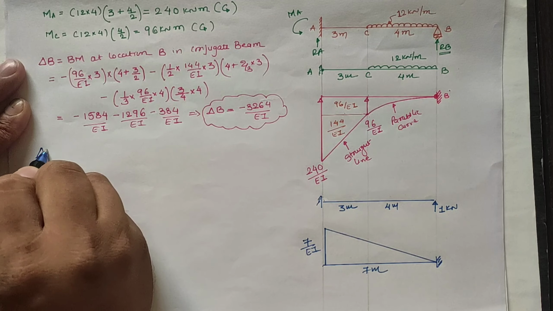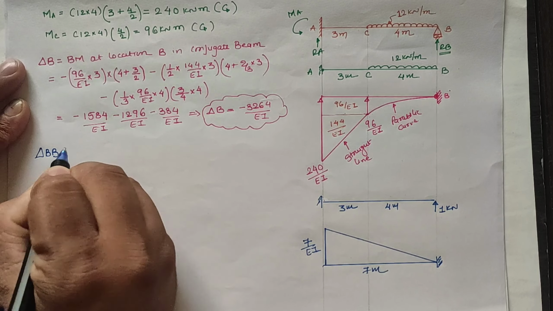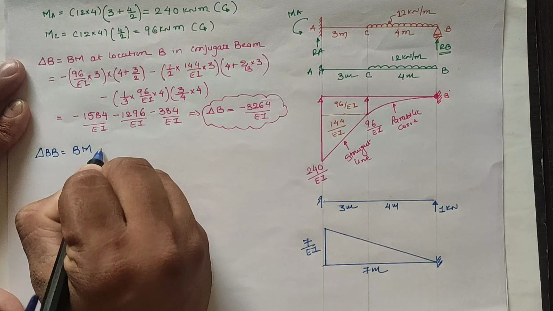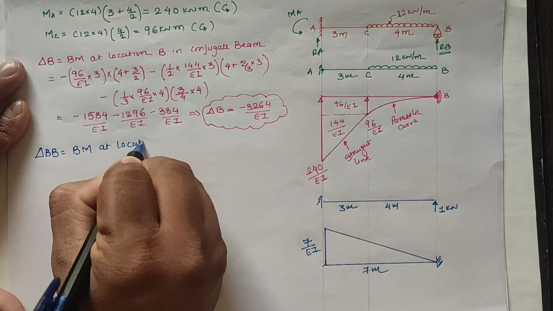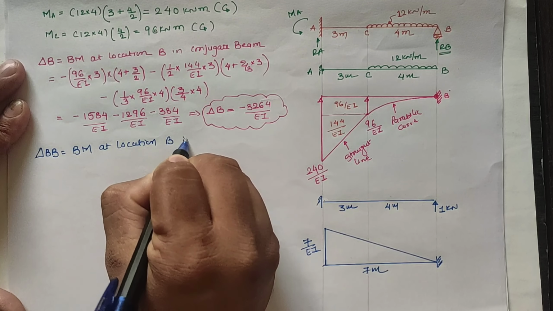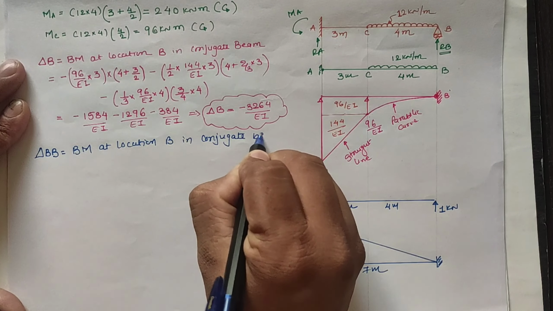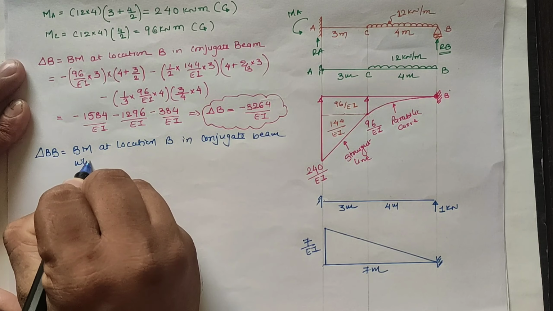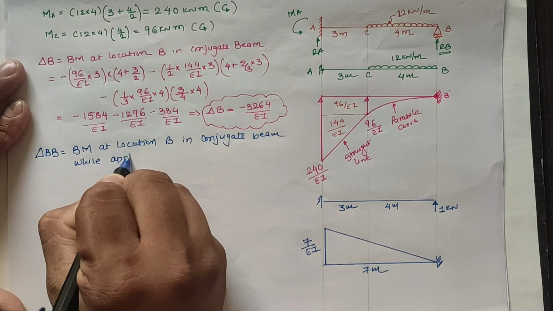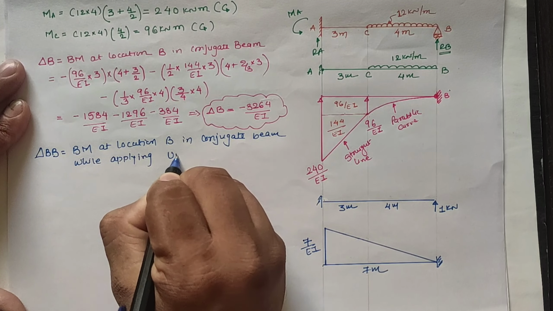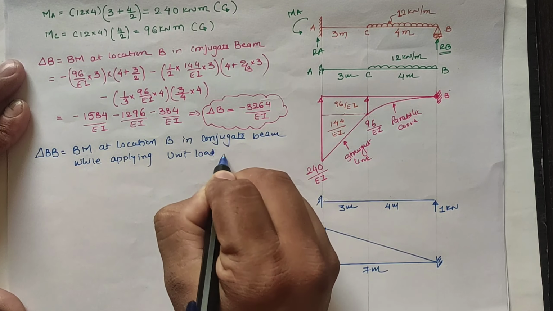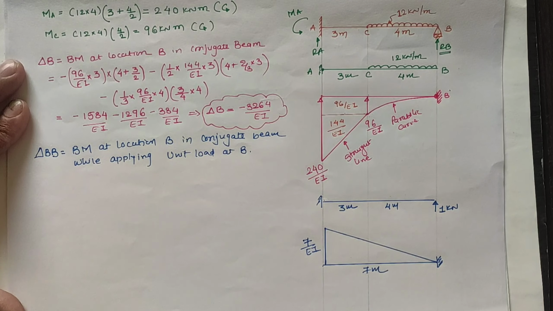So delta BB is equal to the bending moment at location B in the conjugate beam while applying the unit load at location B.